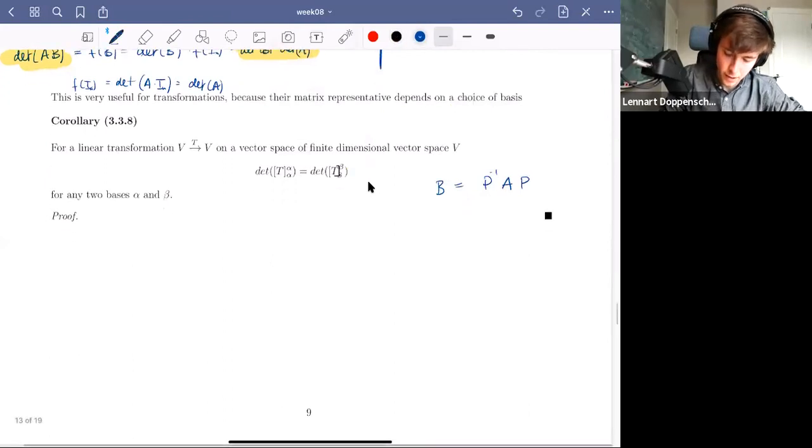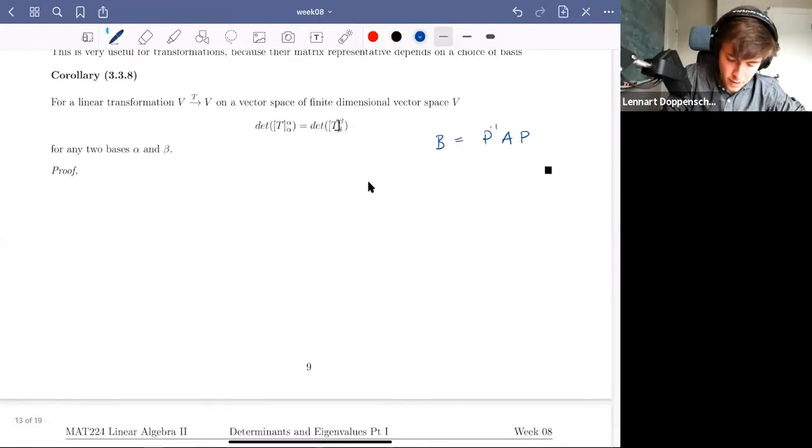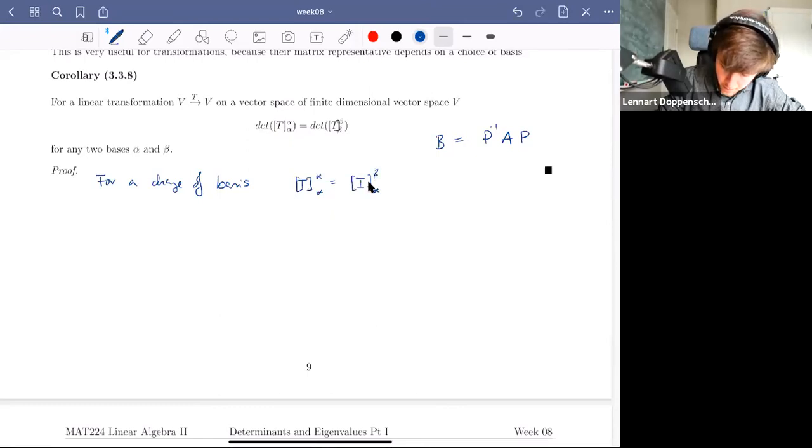Let us quickly look into the proof. So we know that for a change of basis, we know that T alpha alpha is equal to I alpha beta T beta beta I alpha beta inverse.